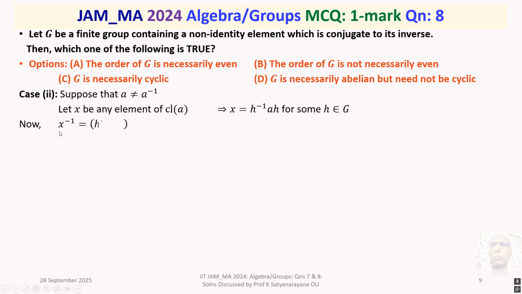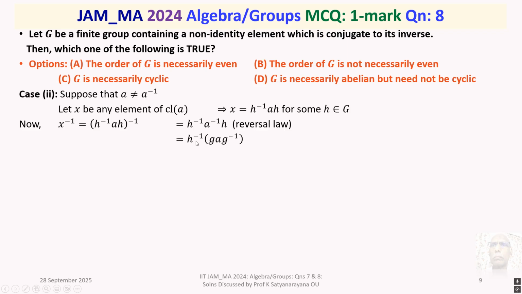Now X is H inverse A H. Take the inverse on both sides. X inverse is equal to (H inverse A H) whole inverse. By the reversal law, it is H inverse A inverse (H inverse) inverse, that is H. That is the reversal law.